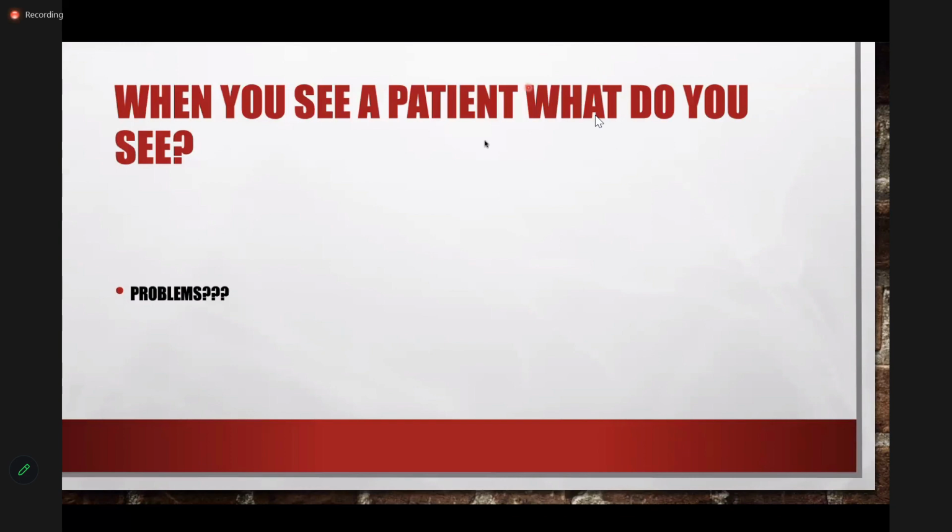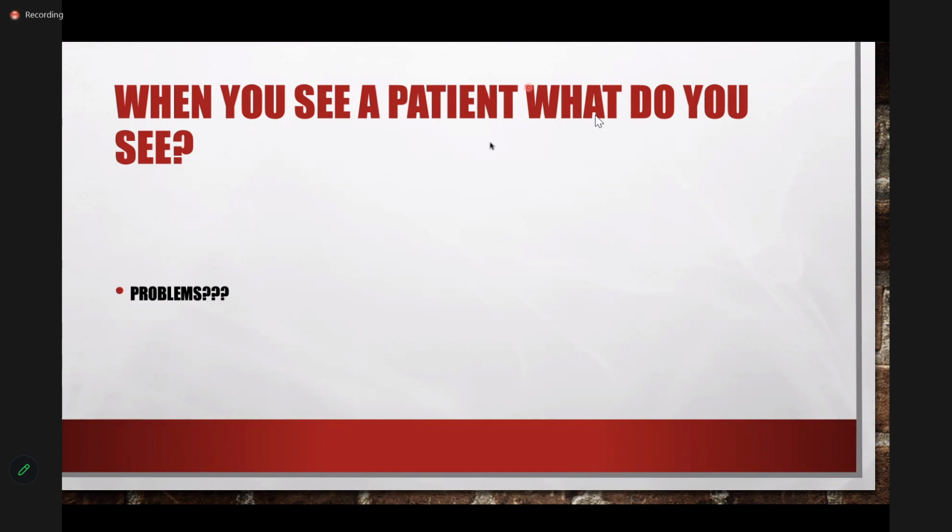What's this? So when you see a patient in your consult rooms, what do you see? Do you see the virus? Do you see calicivirus? Do you see herpes virus? What do you see?